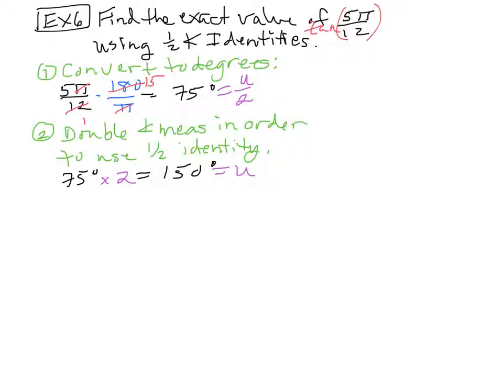So then step 3, we are going to find the tangent of 150 degrees divided by 2. Now it matches a half angle, because that's tangent of u over 2.